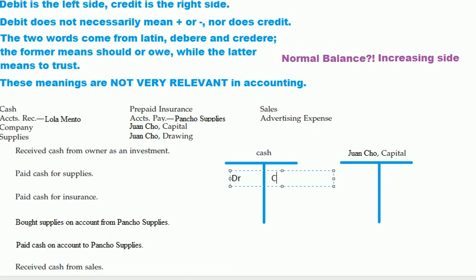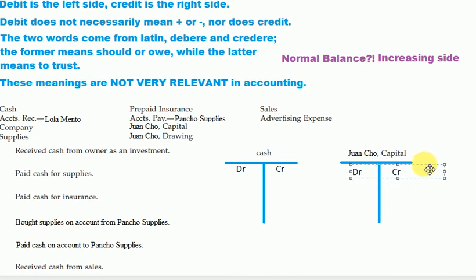Even though it's a little bit redundant, it's quite important. You want to always be reminded that debit is to the left and credit is to the right.